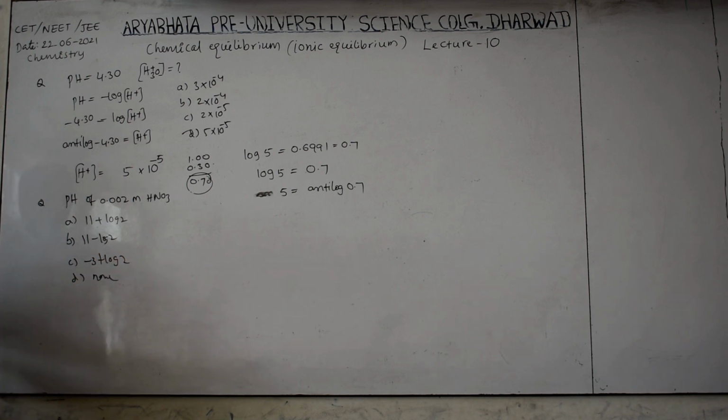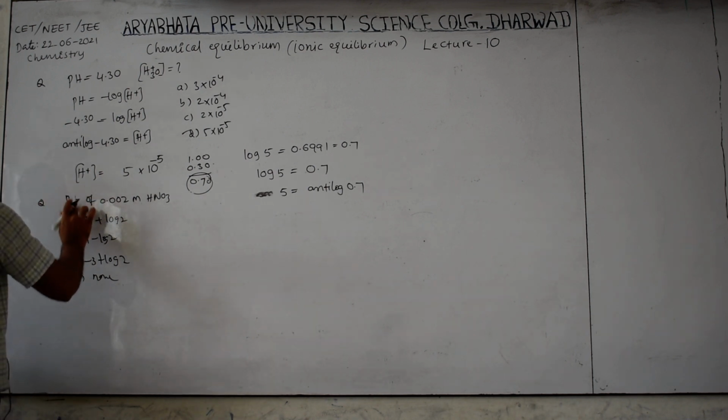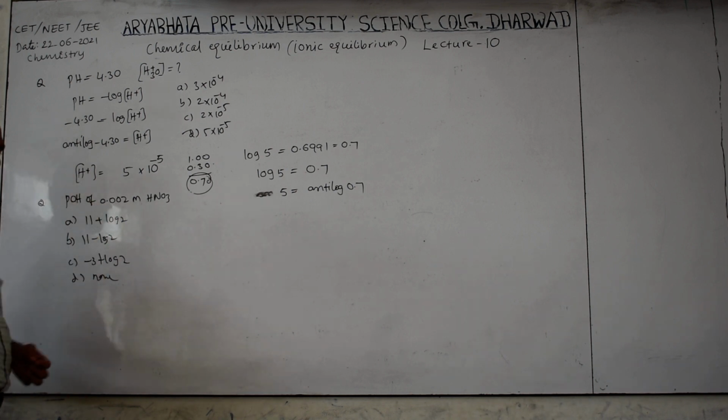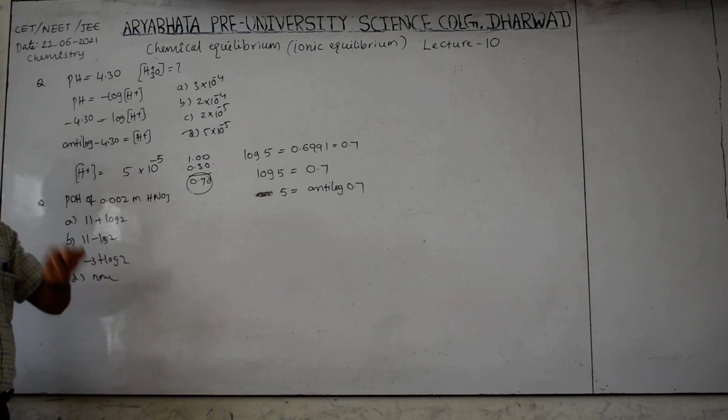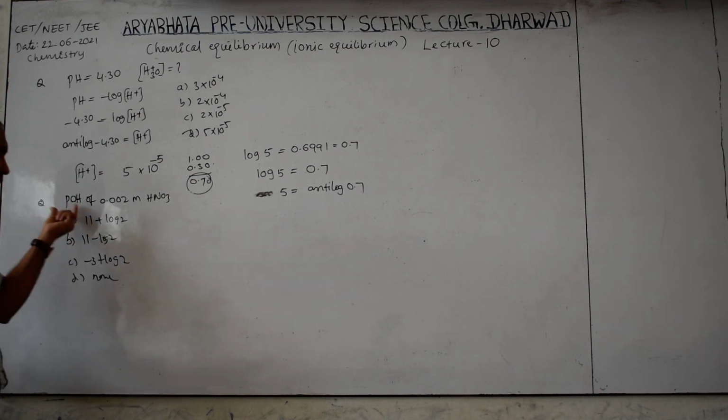Like this it is given. Now pH or pOH? Sorry, here pOH is given, not pH. Generally HNO3, an acid, has pH, and a base has pOH, but here they are asking pOH.